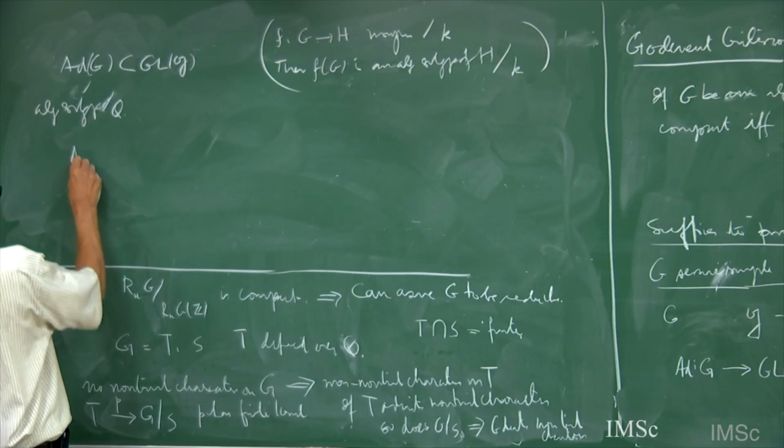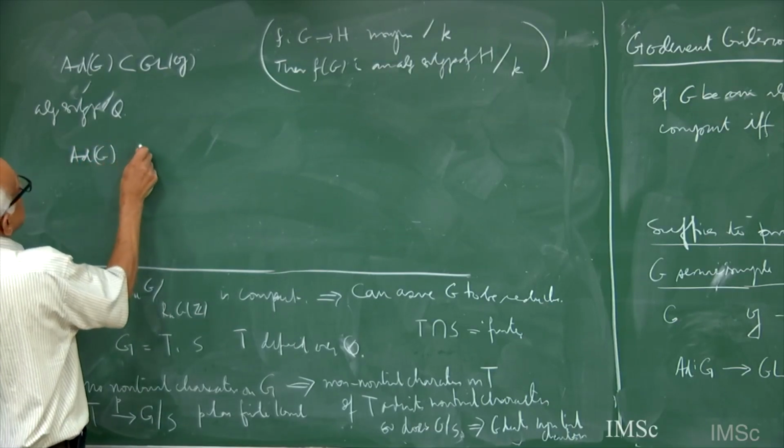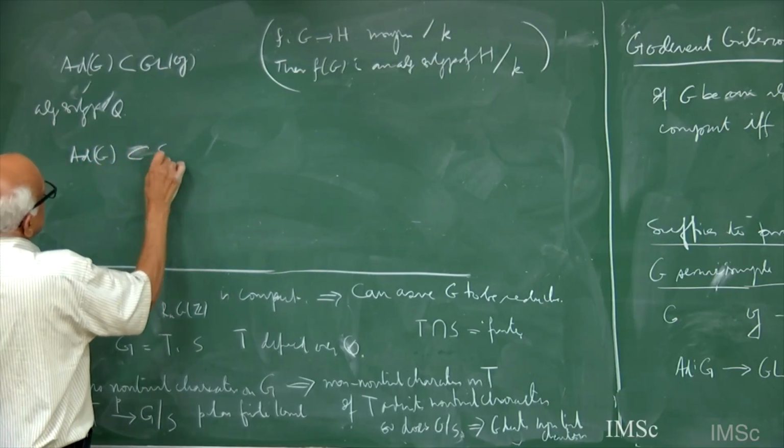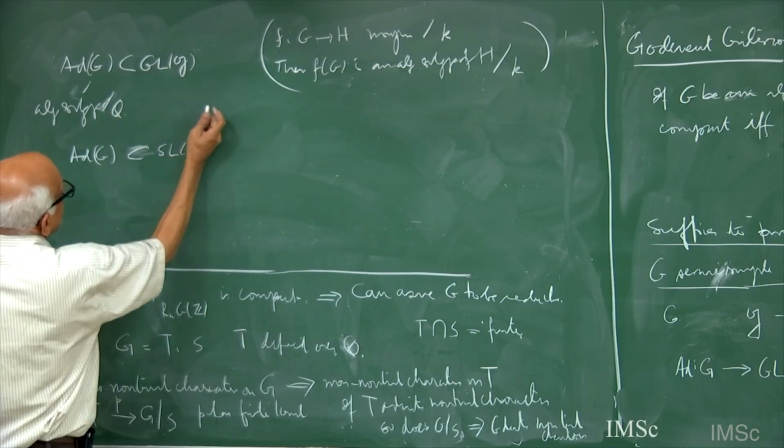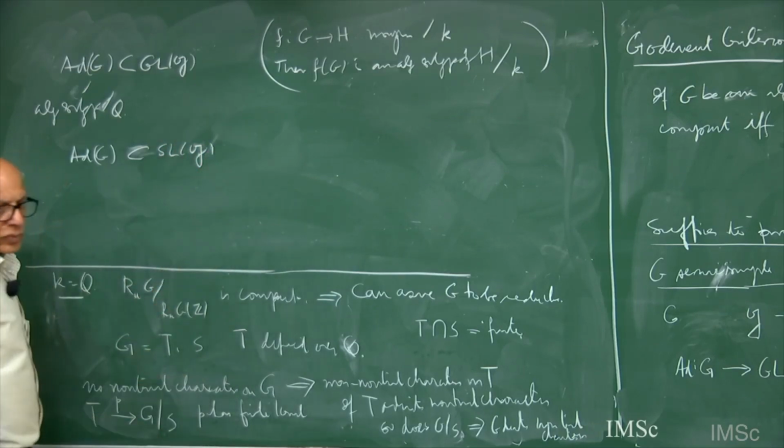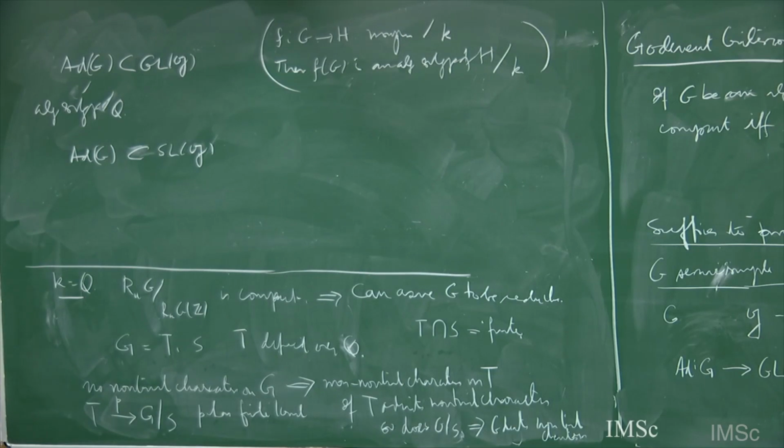Notice that Ad G is contained in SL(g) because there are no characters on Ad G. Any non-trivial character on Ad G will give you a character on G itself by composing. There are no non-trivial characters.